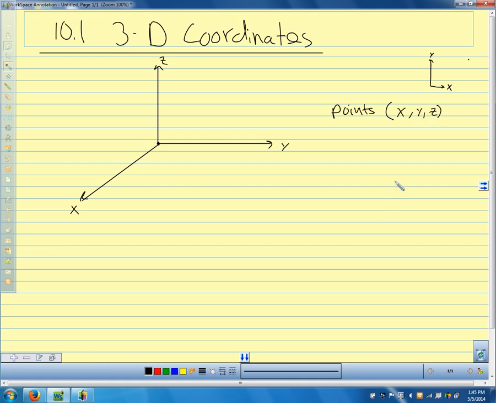And we worked with ordered triples a little bit when we solved simultaneous equations. We had 3x3 matrices. We talked about how we could think about the solution to 3 equations in 3 unknowns as where 3 planes intersect. So that was one way we did this a little bit.